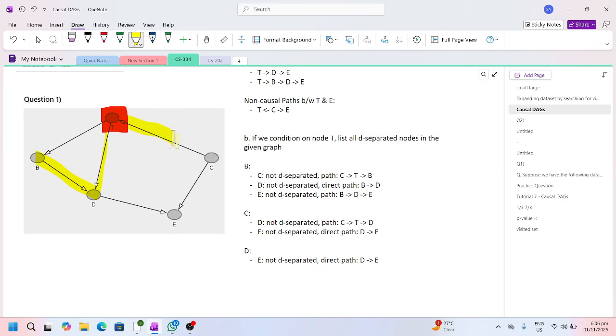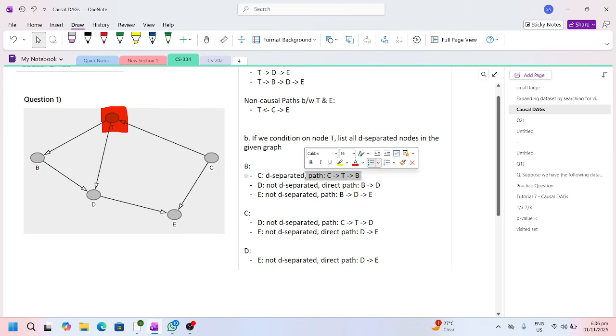Lastly, I have this particular path available. In this path D is a collider, and you've already conditioned on T as well. So this path is also blocked. What essentially happened was I did not find any open path between B and C, which means that B and C I can say are d-separated.